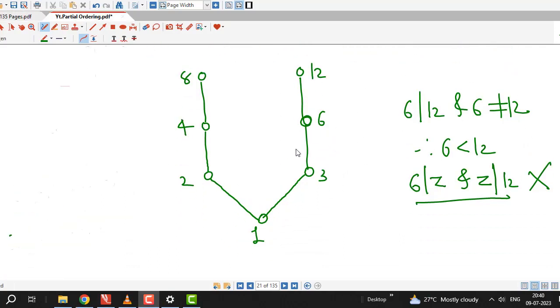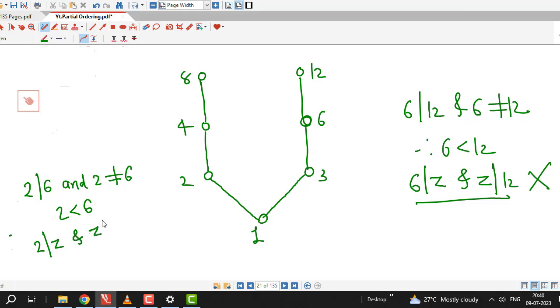So in this way we have to join every element to its cover, and let me check whether I am missing any covers to be joined by elements whose covers are those elements. For example, here if we check for 2 and 6, then we know that 2 divides 6 and 2 is not equal to 6. Therefore 2 is strictly less than 6, and there is no z in the given partially ordered set such that 2 divides z and z divides 6.